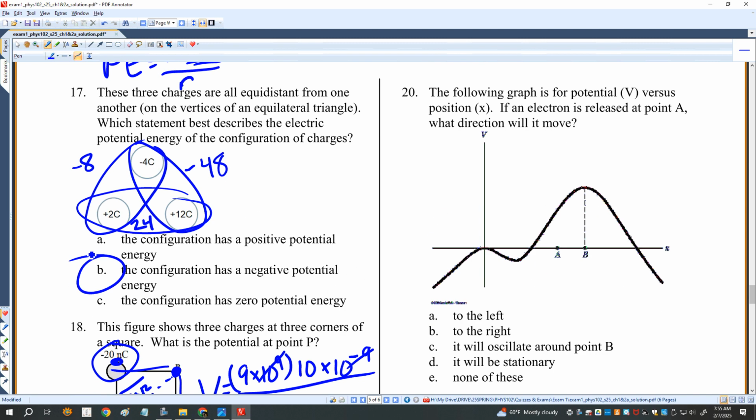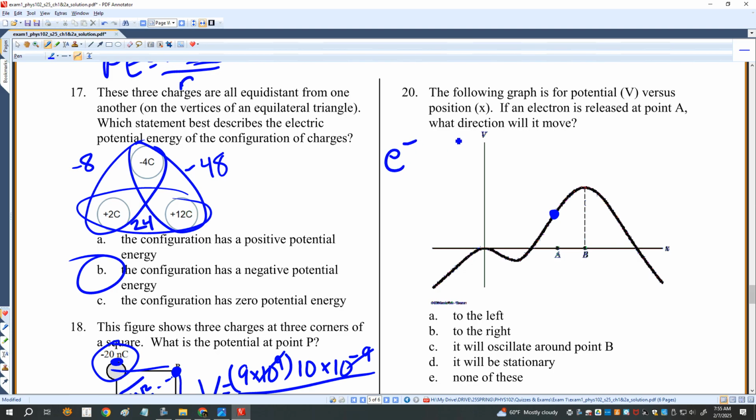And then finally, this potential versus position graph. Remember, this isn't a graph of how it moves through space, but it's how the potential changes. So as I'm at point A and I'm moving towards B, or I don't know if I'm moving towards B rather. I want to know if I release an electron.